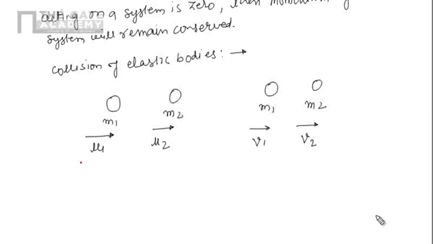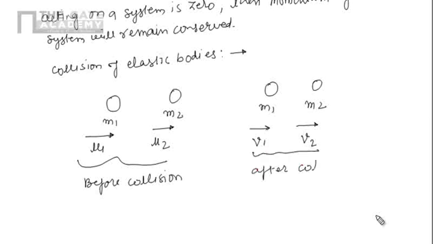So this is the situation before collision, and this one is after collision. We will consider this situation under the conservation of linear momentum, because here the net force acting on the system is zero.